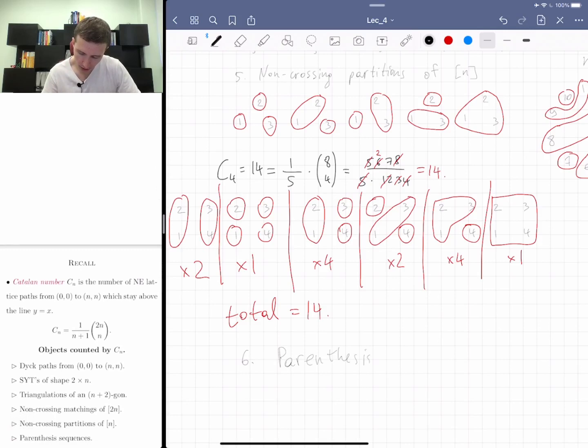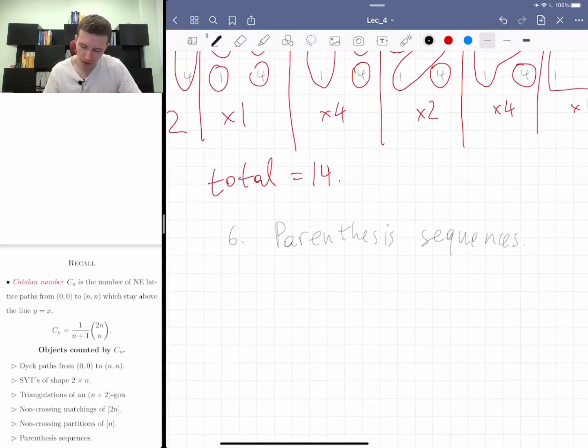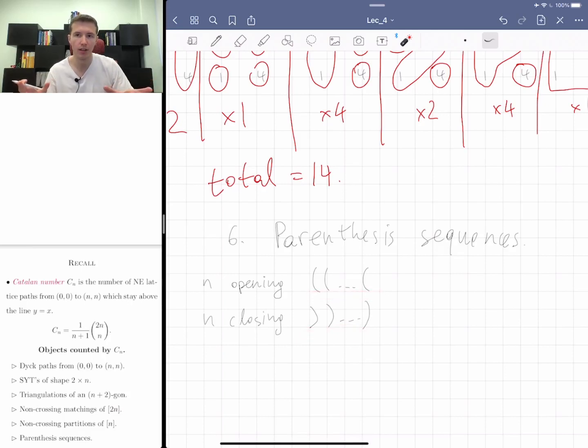What I'm going to do is you have n opening parentheses, or I'm just going to say brackets, and n closing brackets, and you're trying to shuffle them together so that they form a valid parenthesis sequence.